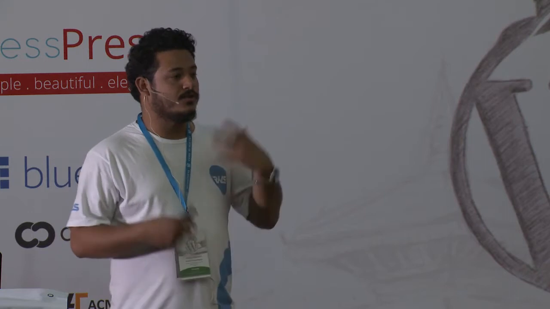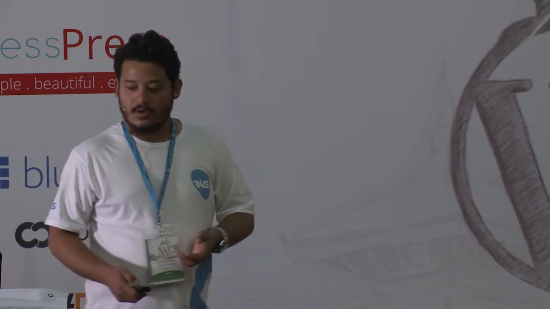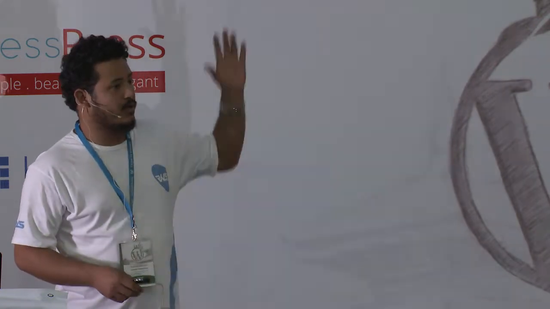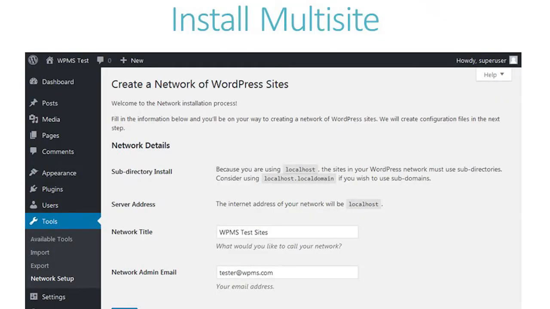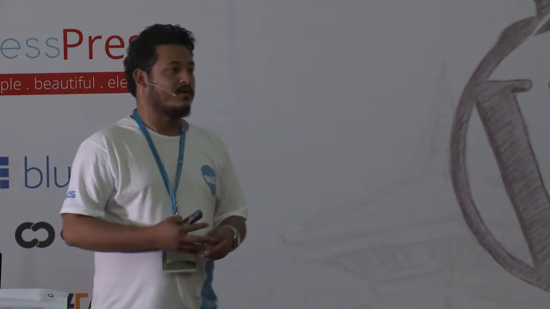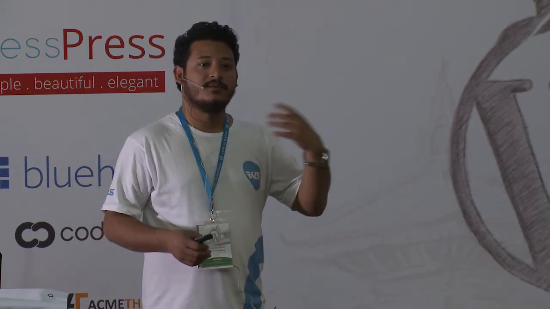After doing this, you log into your WordPress installation, go to the network setup interface under the Tools menu, and you get a page with options for activating multisite. I have used localhost, but if you are working on a live site, you get the domain name. You get the option to choose subdirectories or subdomains, and you provide the site name and admin email. These will be your details for WordPress multisite.